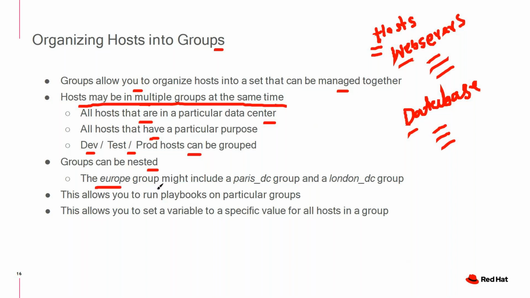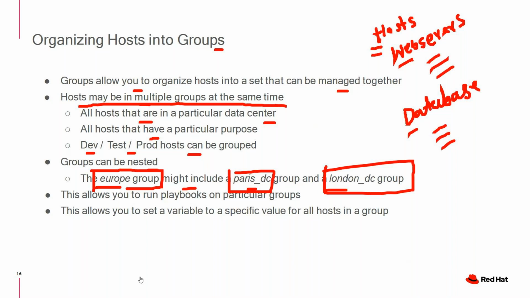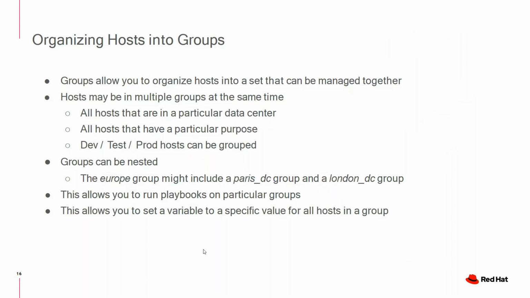The Europe group might include a Paris DC data center group and a London DC group. In a Europe group, you can keep the Paris data center group and London data center group. This allows you to run playbooks on particular groups. This allows you to set variables to specific values for all hosts in a group.